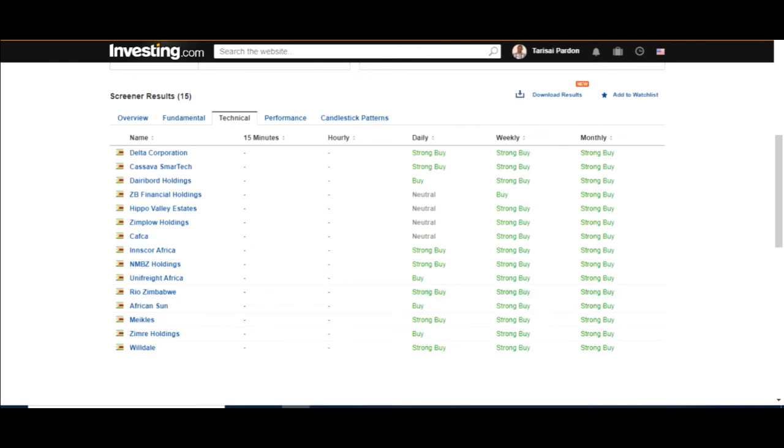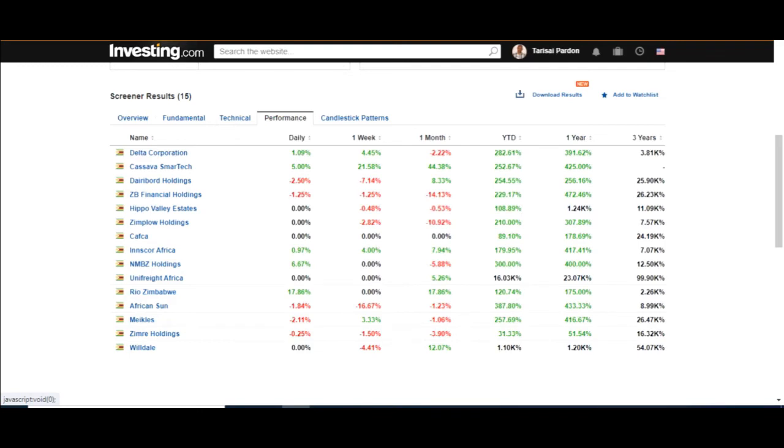Now, before we take a look at the specific charts, let's also look at how these screened counters have been performing over the past year.